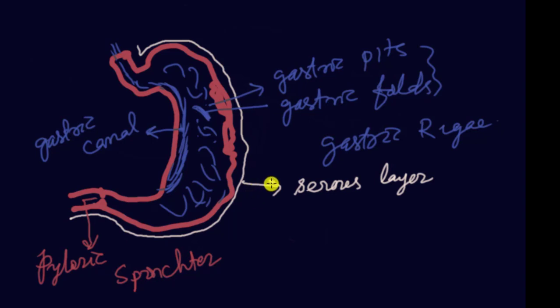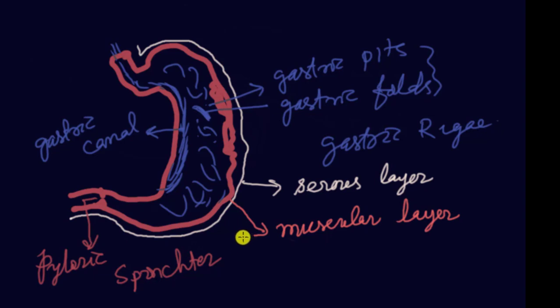So after this serous layer, or you can say the peritoneal layer, okay, this color that I am showing you over here, this is your muscular layer.